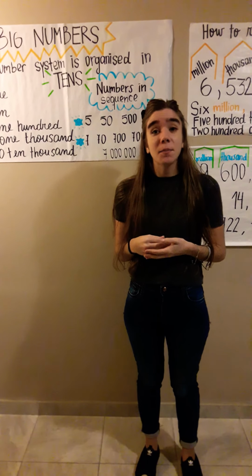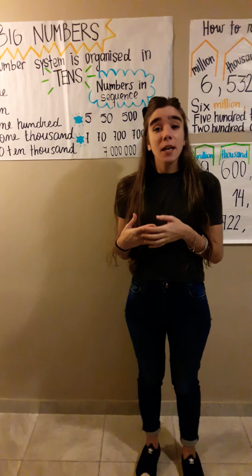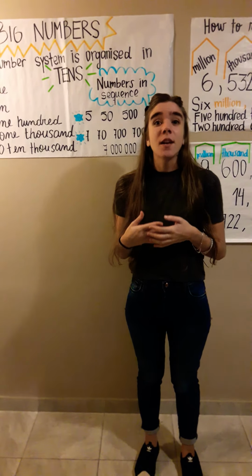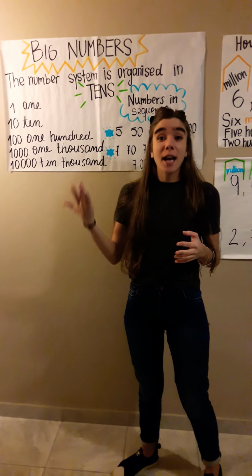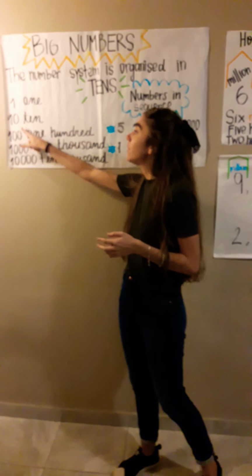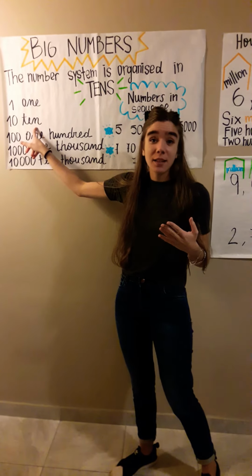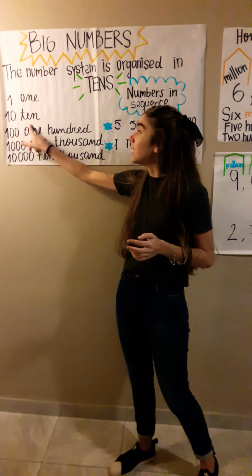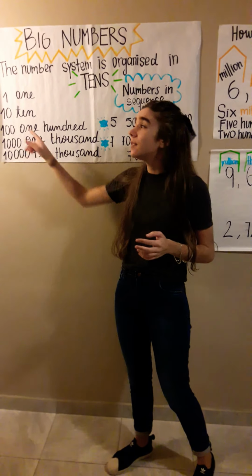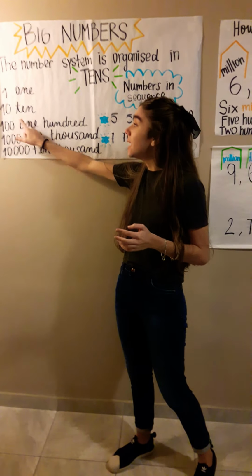First of all, it's important to know that big numbers, or our number system, is organized in tens. That is to say, we have number 1, then 10 times number 1 will be 10. 10 times number 10 will be 100.